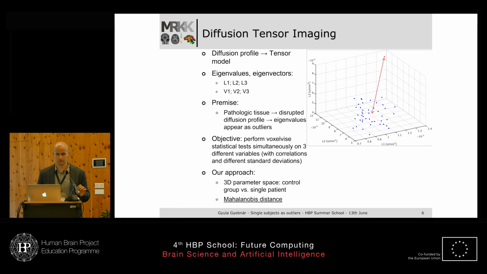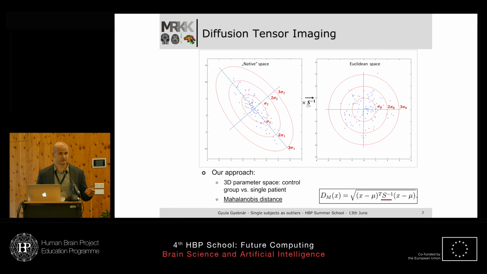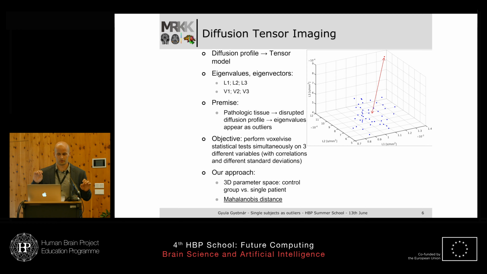eigenvalues from each voxel, create a three-dimensional parameter space from it, and use the three-dimensional Mahalanobis distance as a measure of dissimilarity, as a distance measure between any given voxel, the point corresponding to a patient, and the group of controls.